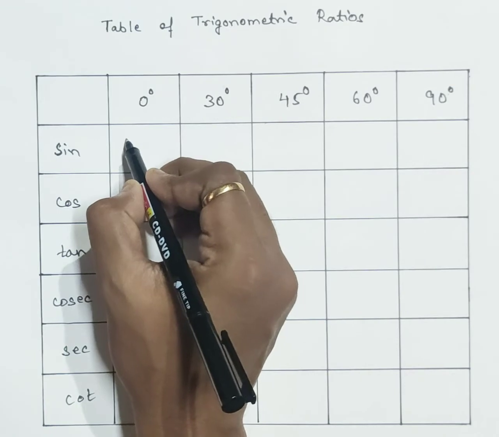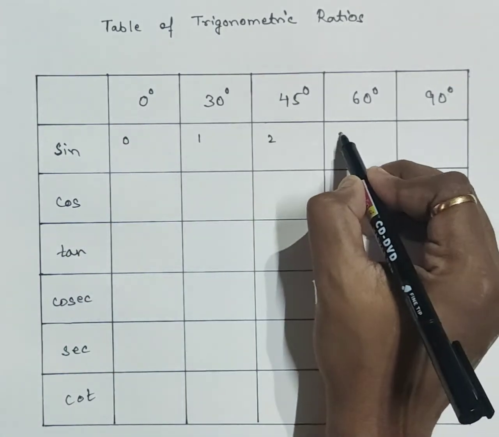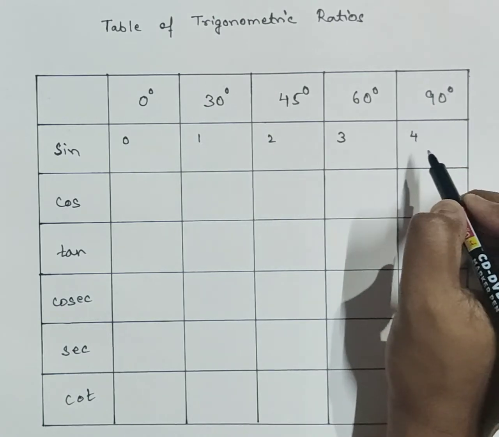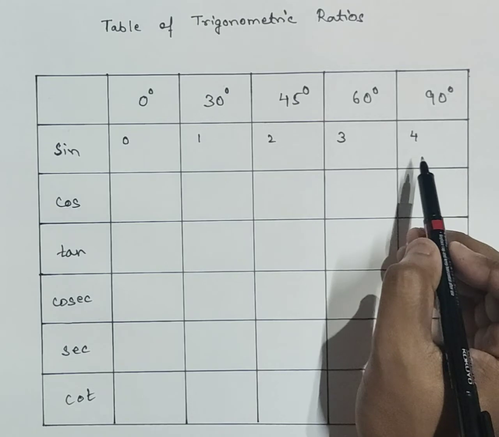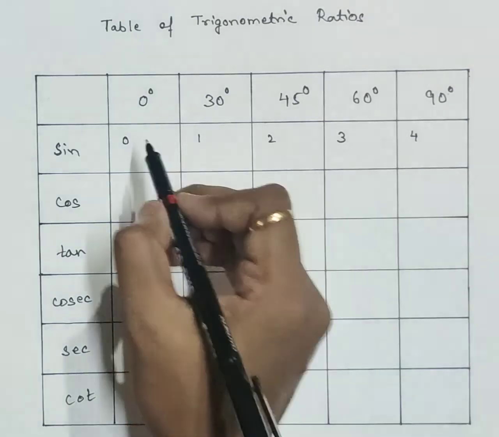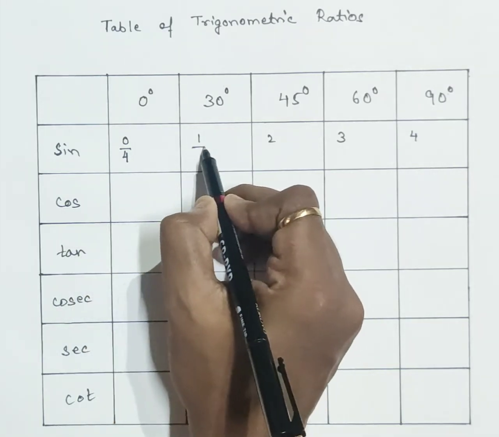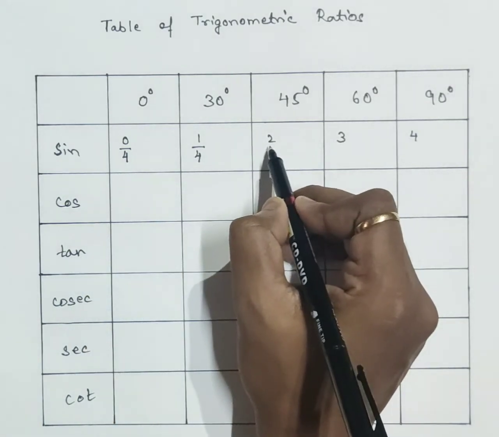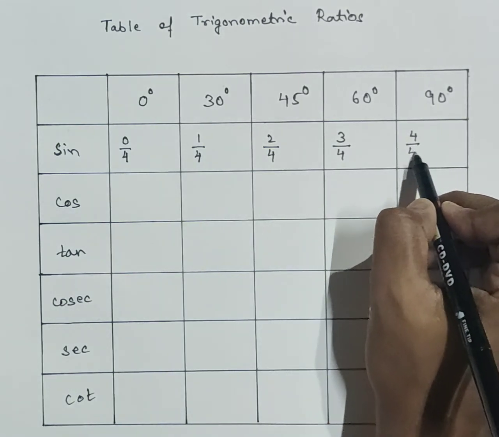So we will start with 0, then 1, then 2, then 3, then 4. Now we will divide each of these numbers by 4. 0 divided by 4, 1 divided by 4, 2 divided by 4, 3 divided by 4, 4 divided by 4.